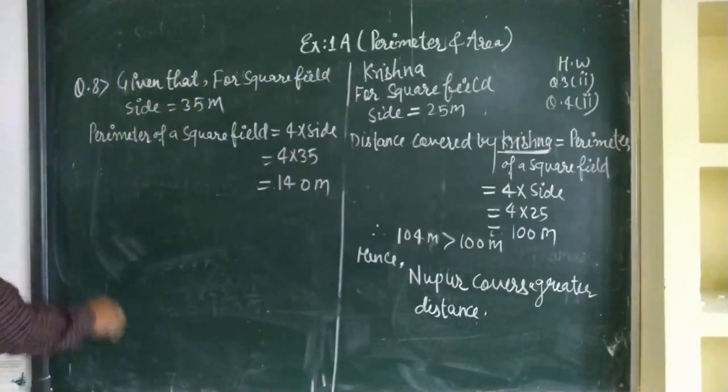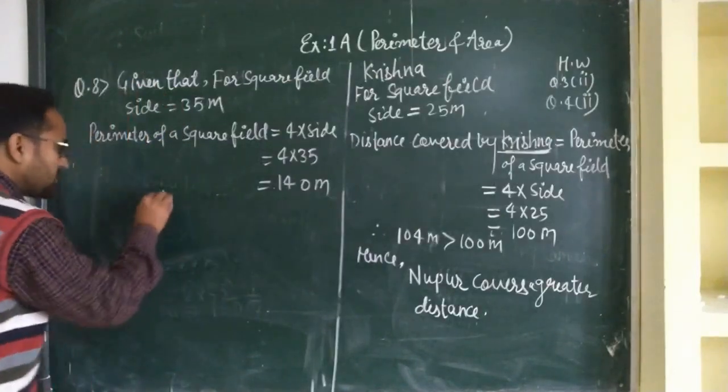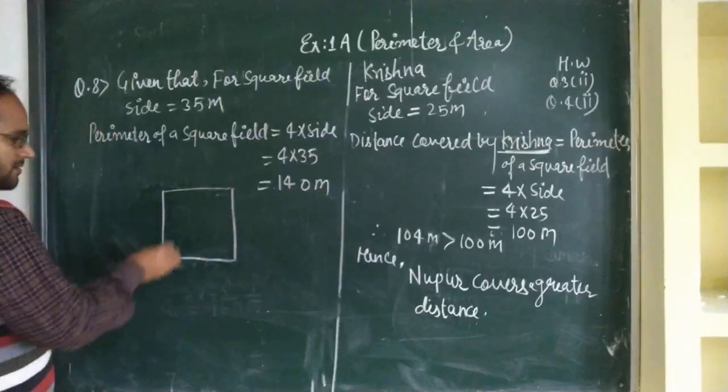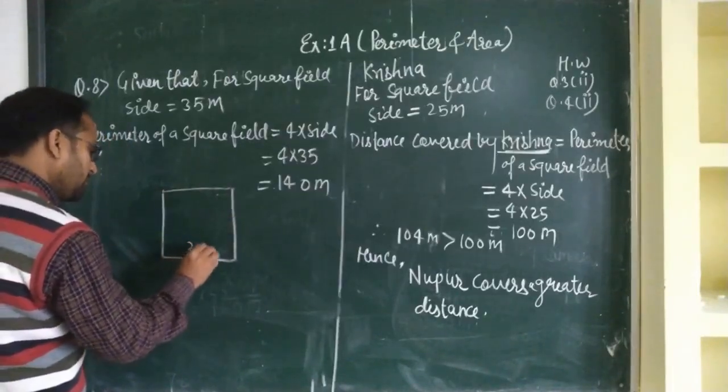This is the perimeter of the square field. Suppose this is your square field of 35 meter side.